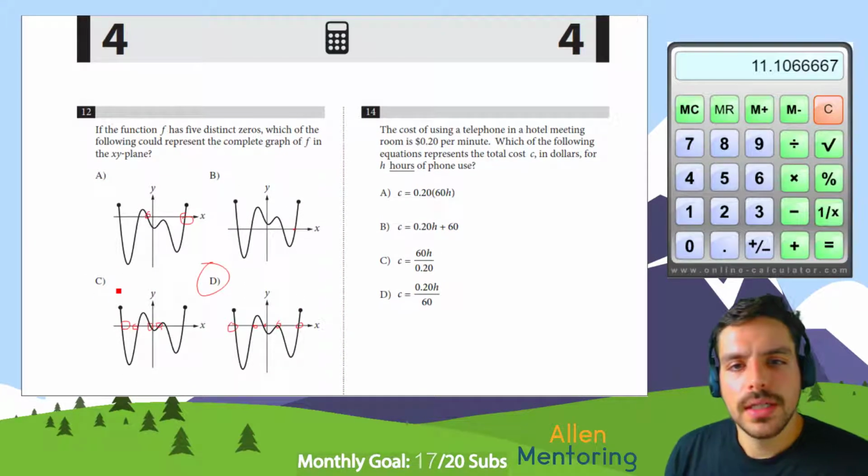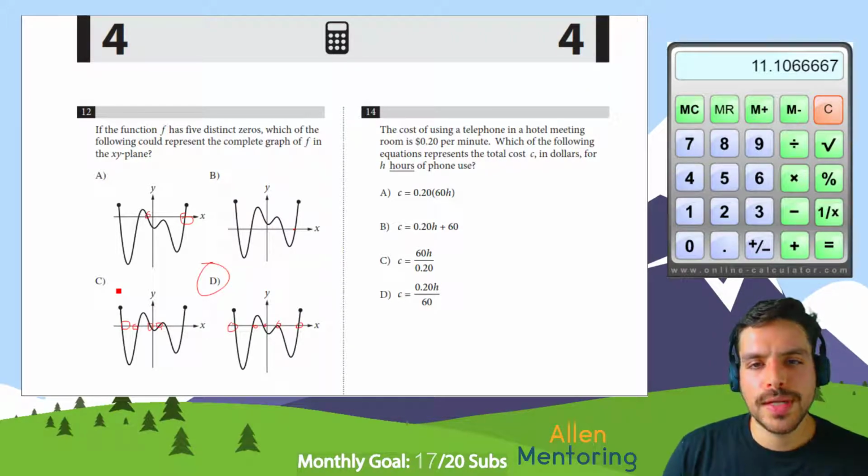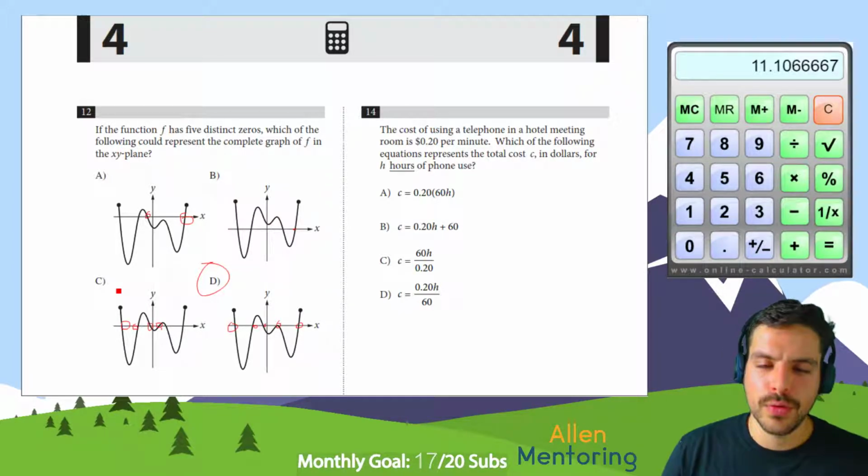Alrighty. Number 14. The cost of using a telephone in a hotel meeting room is 20 cents per minute. Which of the following equations represents the total cost C in dollars for H hours of phone use?